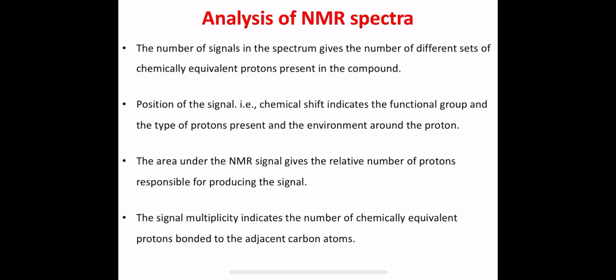If the area is more, then obviously it is proportional to the relative number of protons. Okay, so this is what we have to observe. And the fourth one is the signal multiplicity, which indicates the number of chemically equivalent protons bonded to the adjacent carbon atoms. So these are the four main features we have to look for while analyzing an NMR spectrum.